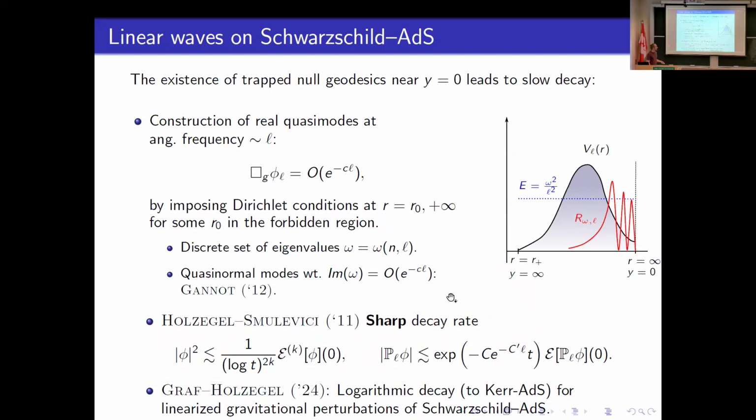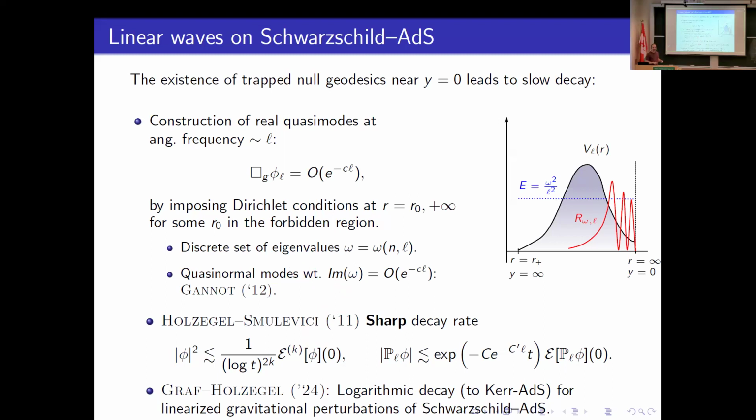More on that later. This is the statement that if one was looking at initial data not just of Sobolev regularity, but of real analytic regularity, then one would get polynomial decay rates, not logarithmic decay rates. Again, more on that in a few minutes.